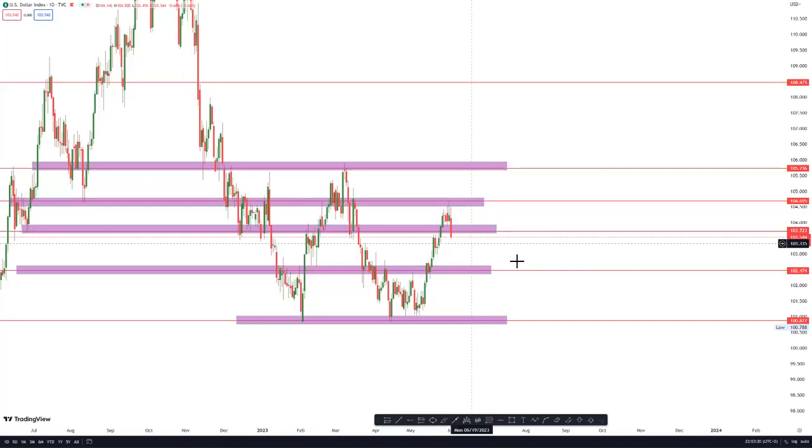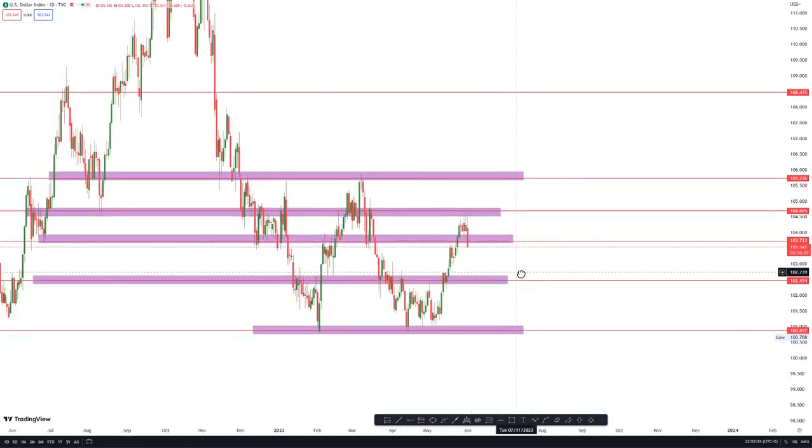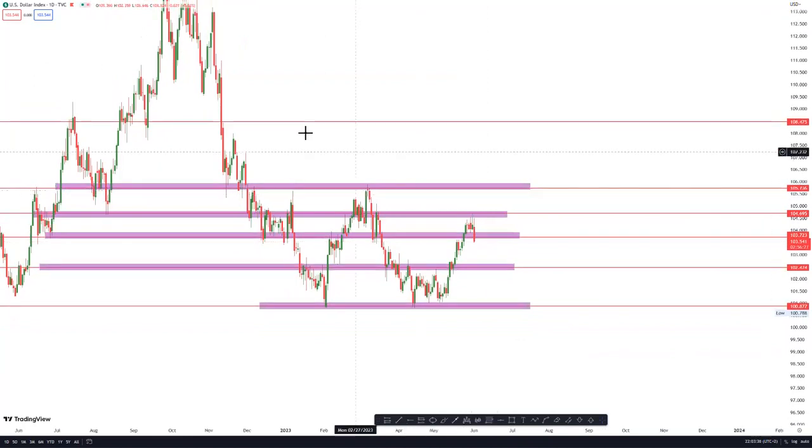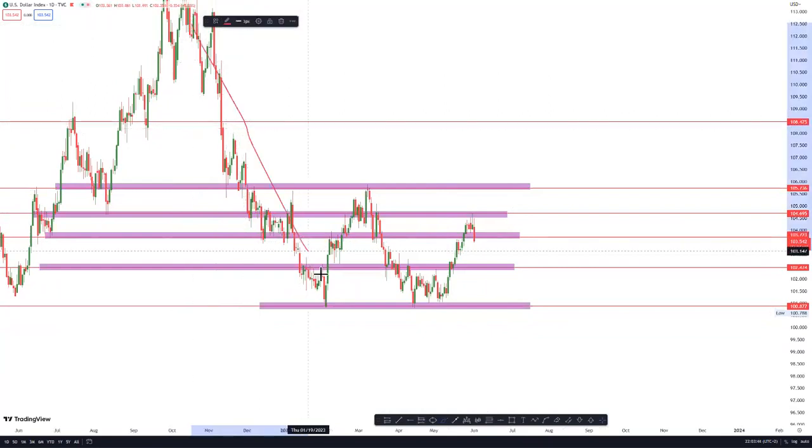And maybe look at market structure to see if price is creating any highs or any lows or changing direction. So as we can see here, at this area around here, price was in a bearish trend. Then price tried to break these highs, creating higher highs, which signify a change in market direction.